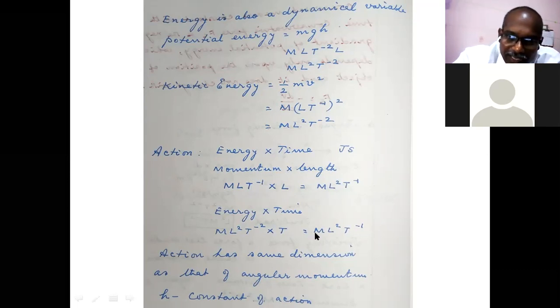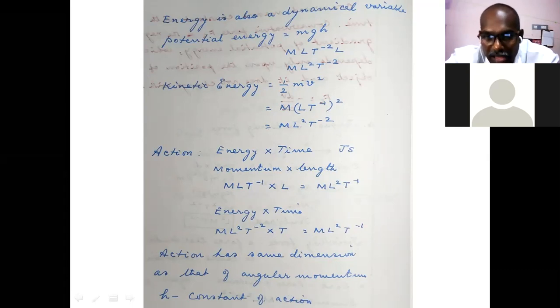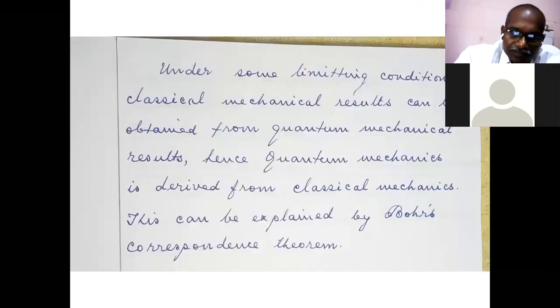So you are getting M L square T power minus 1, which also has the same dimension as that of angular momentum. So that is why h is called a constant of action. So action, angular momentum, Planck's constant, they all have the same dimension. That is why h is called a constant of action.